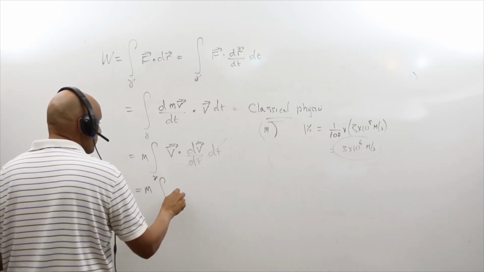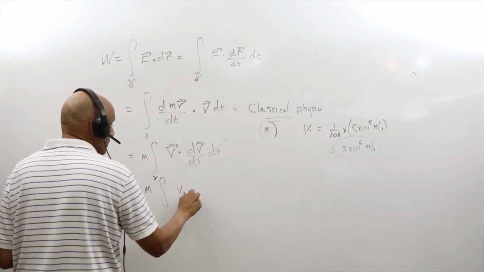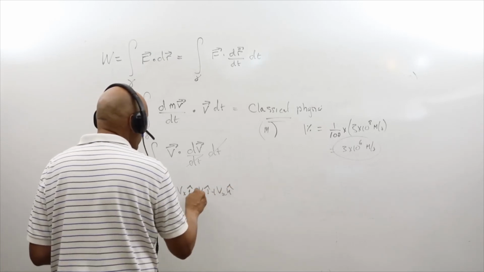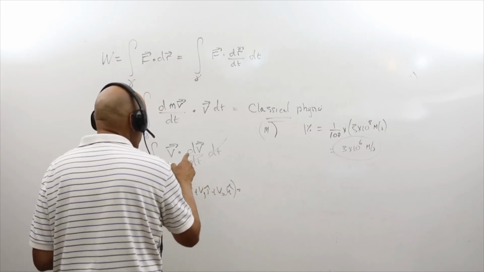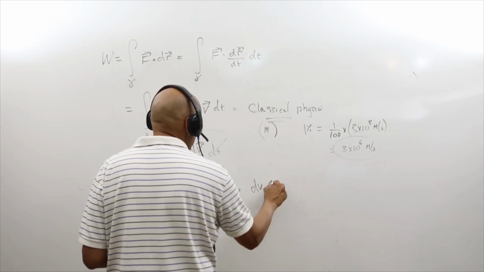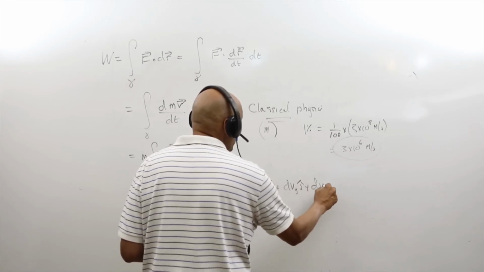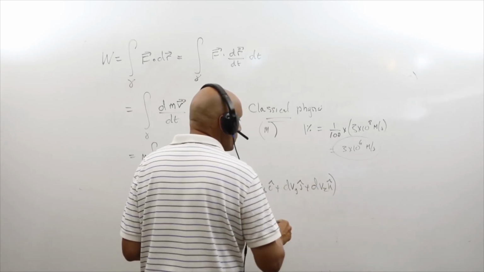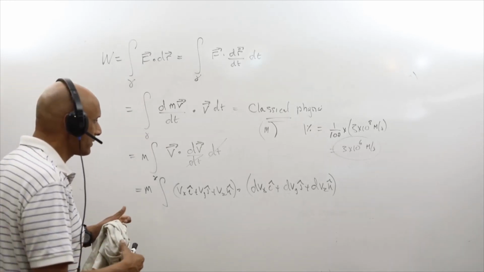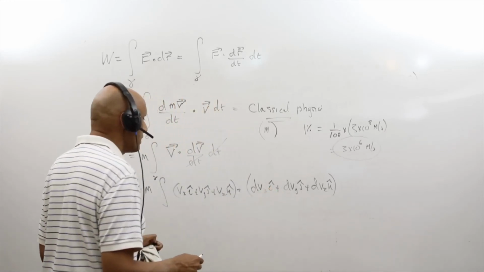And v, I'll now expand this as the vx component i plus vy j plus vz k, and the differential is given by dvx i plus dvy j plus dvz k. I'm doing it really long. We actually would skip all these steps, but if this is the first time you've seen this, I'm trying to simplify it as much as possible so you don't kill yourself trying to understand this concept.